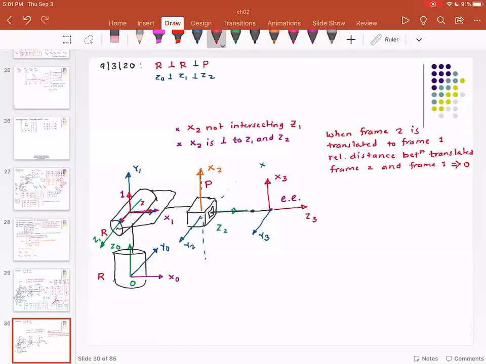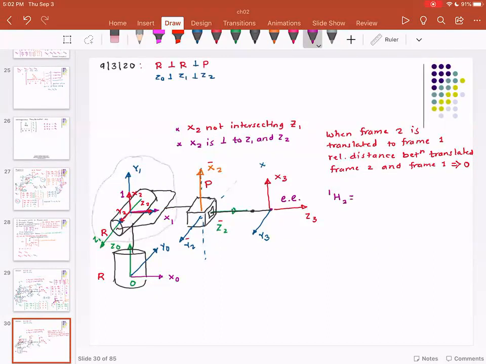So this is going to be your Z2, this is going to be your X2, and this is going to be your Y2. And I'm going to just call this frame X bar, Y bar, and Z bar. Now, when I write down the homogeneous transformation matrix, I should be deriving it considering this translated frame.